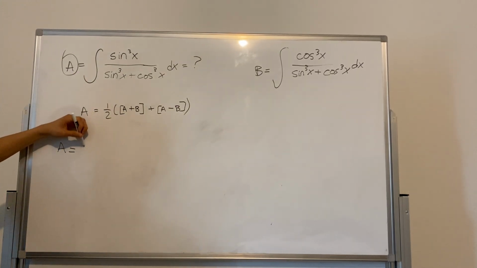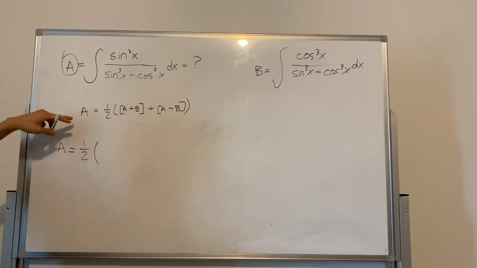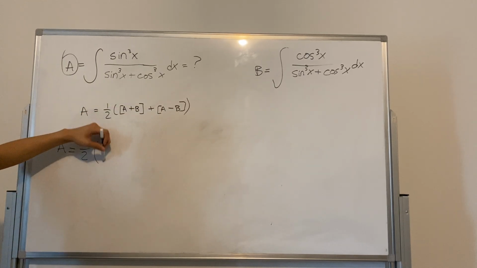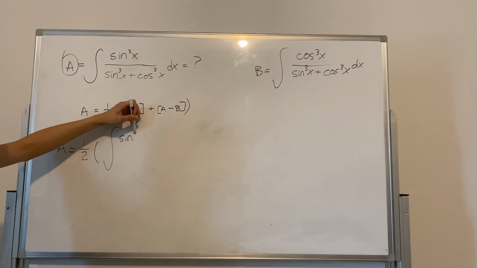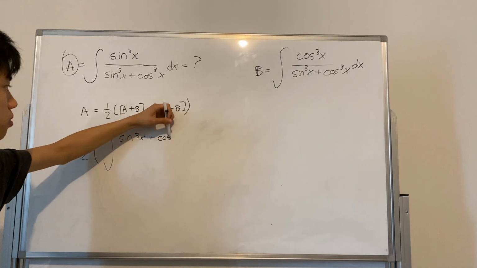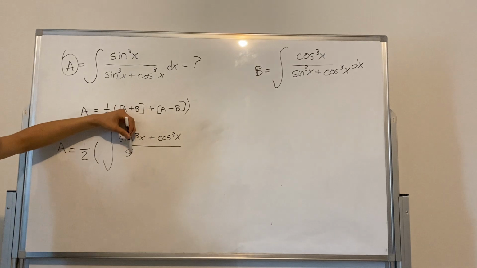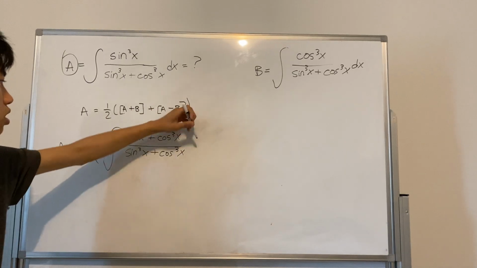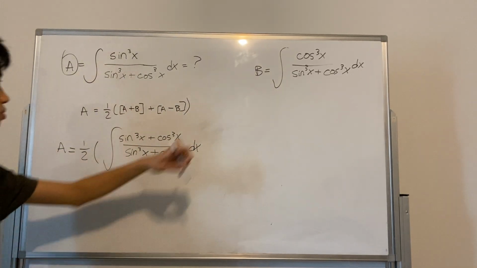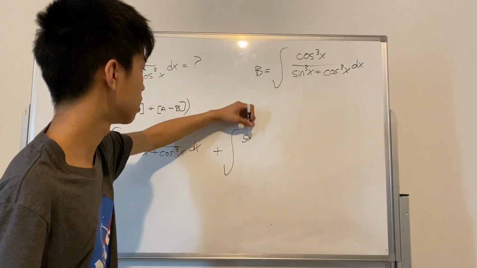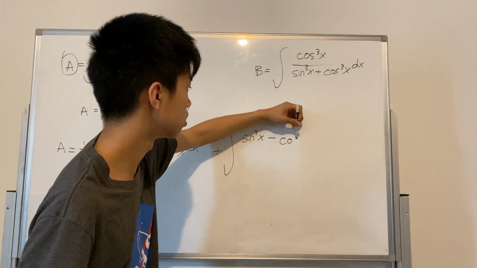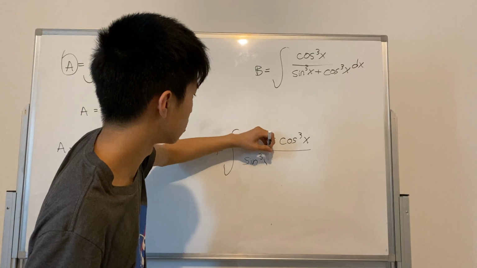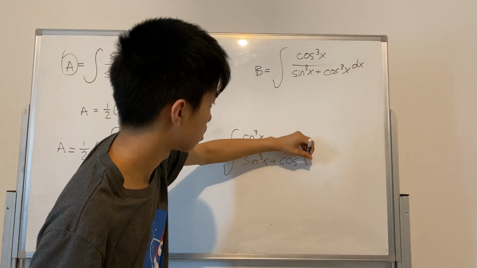So let's start off with doing 1/2 of A plus B. So that's the integral of sine cubed of x plus cosine cubed over sine cubed plus cosine cubed dx, plus the integral of sine cubed minus cosine cubed over sine cubed plus cosine cubed dx.